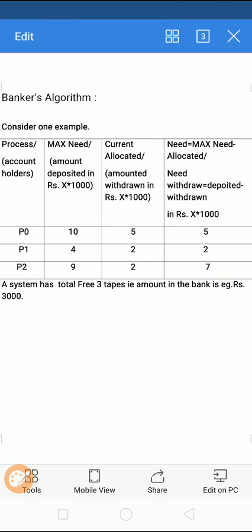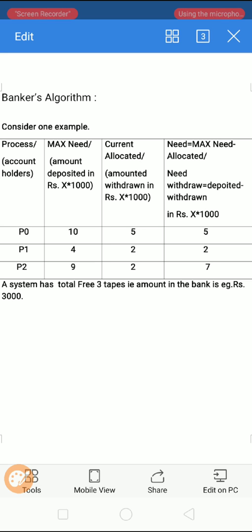Because in a bank there are a number of account holders who have already deposited some money in the bank. For example, an account holder P0 has already deposited 10,000 in his account.